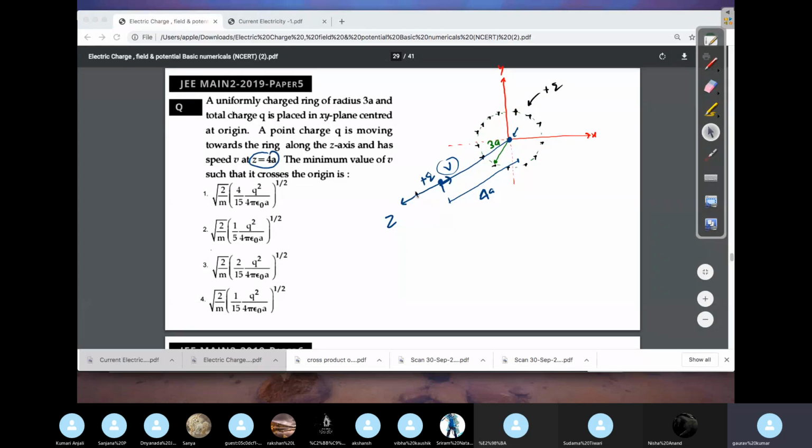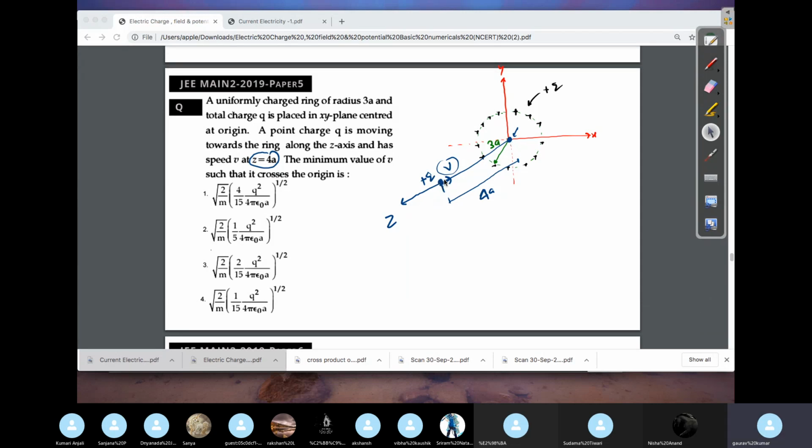Now on the z-axis, you're taking a charge here. This charge is moving towards the ring with a speed v. Obviously this is a positive charge, so the electric field due to the ring will continuously repel this charge, and the velocity will decrease. They're asking what is the minimum velocity v so that it should reach the center of the ring. This is the question.